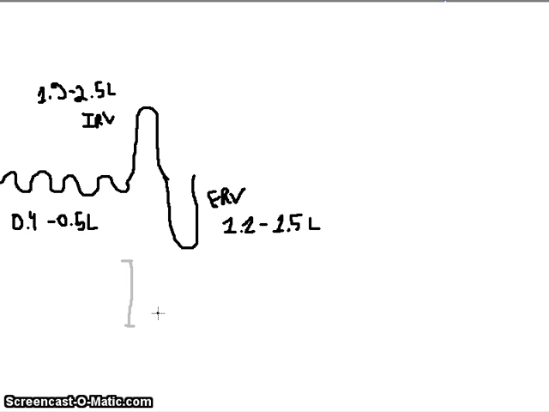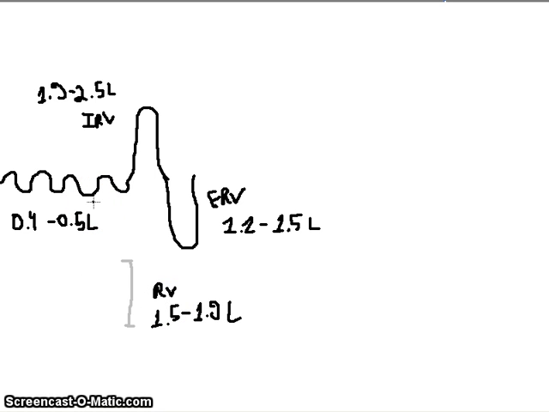Residual volume, RV, is about 1.5 to 1.9 liters. And so, these are the volumes.